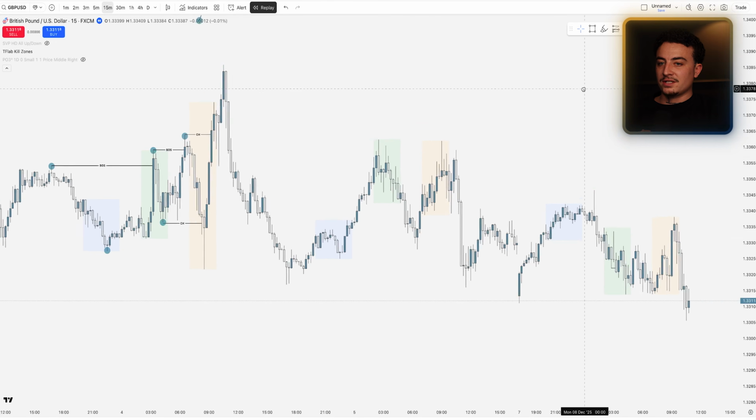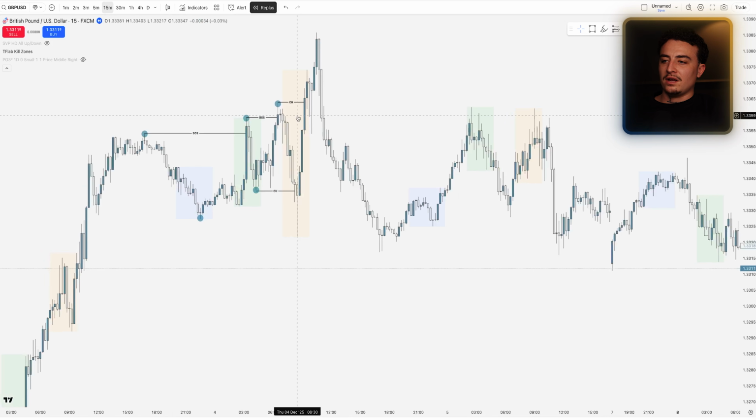Because my strategy is a sweep of liquidity, I cannot take buys in this area if we haven't swept London lows or swept Asia's lows. So I wouldn't even be looking for buys. Now, when we did actually sweep the lows, we had already changed character to the downside. So we went bearish, and now I couldn't even look for longs. Because we've gone bearish, I would need to see a sweep of the highs. And that doesn't happen, because the next Asia and London open here on the next day.